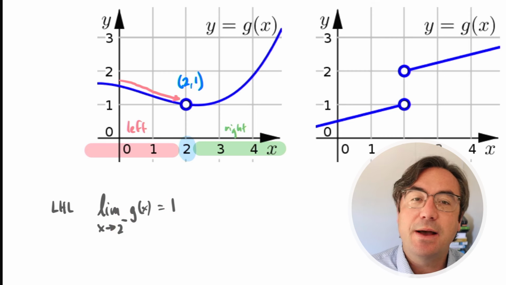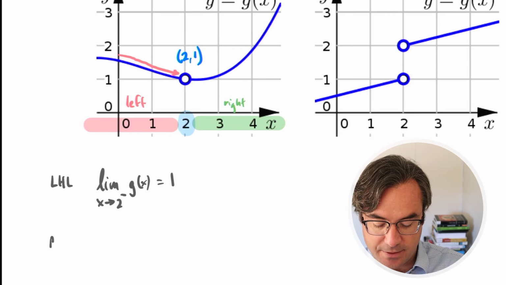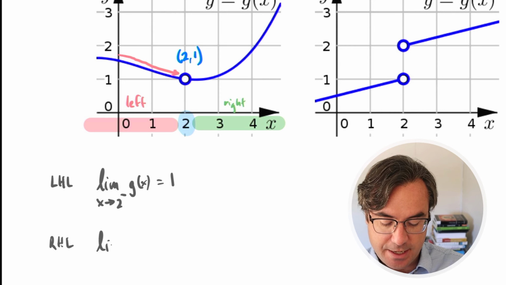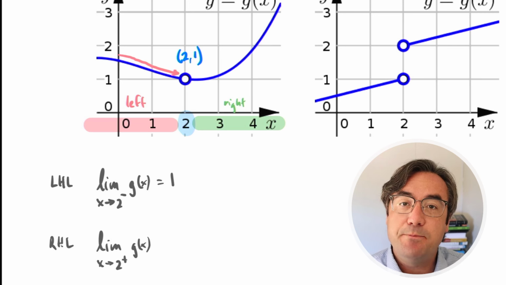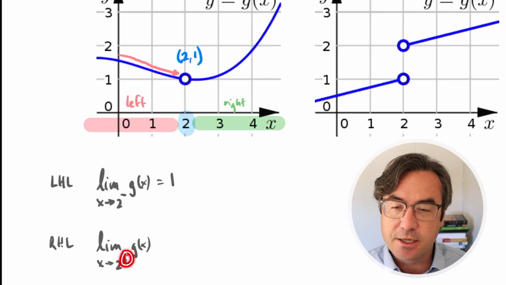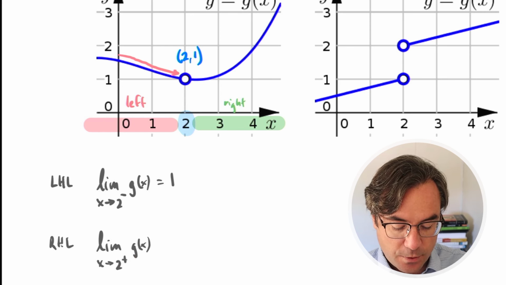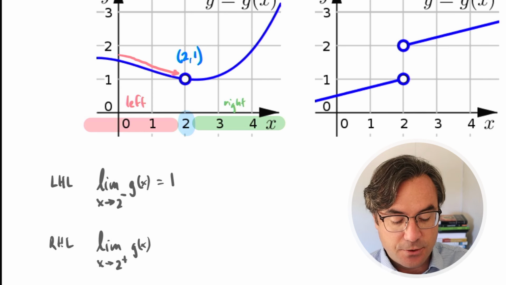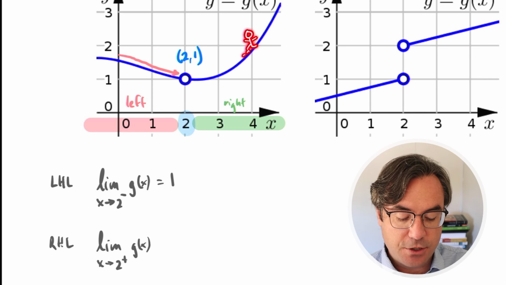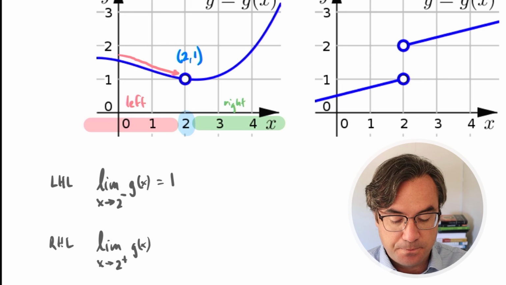Now we can play the same game on the other side of the graph, on the right-hand side. For the right-hand limit, the notation is very similar, but now we're using values for x that are a little bit bigger than 2. We're adding a little bit extra to our input. Now we're going to approach 2 from the right-hand side. Again, we imagine walking on the curve, walking down the curve here, and we want to know what point we're getting closer to.